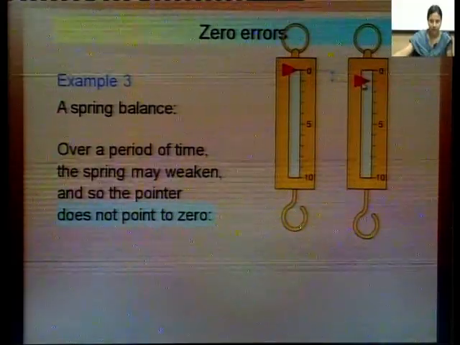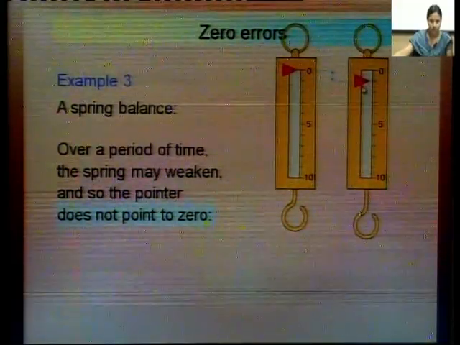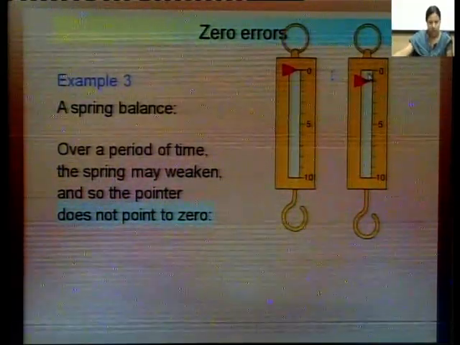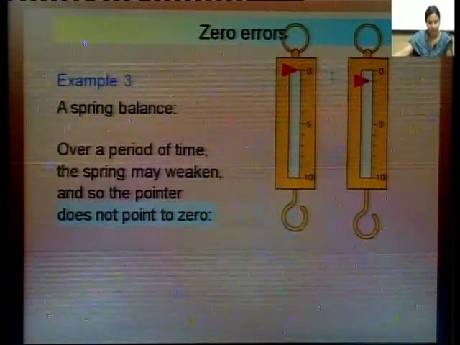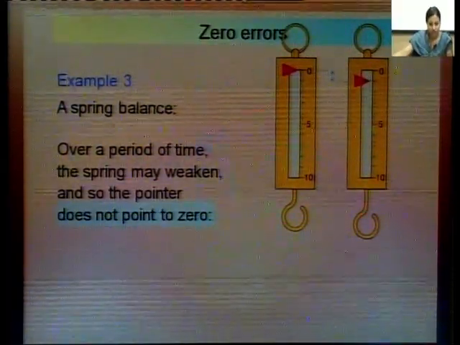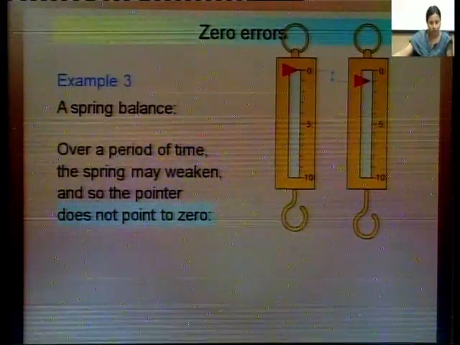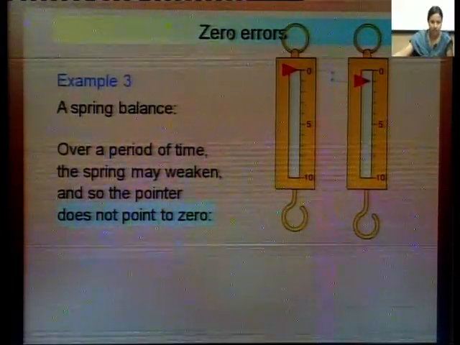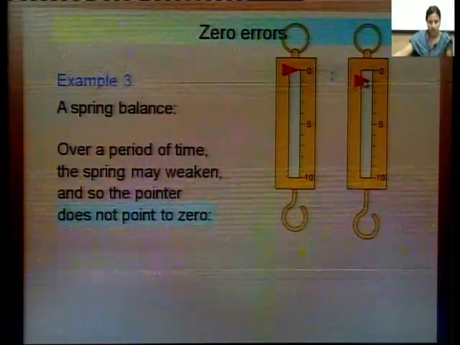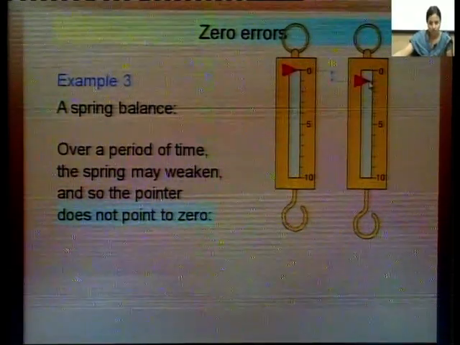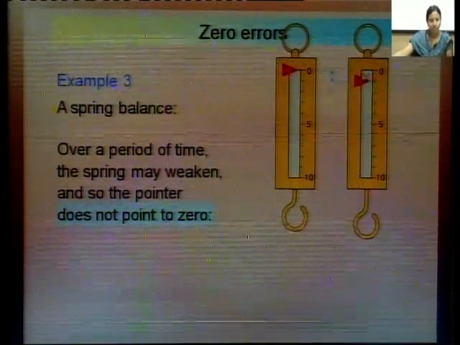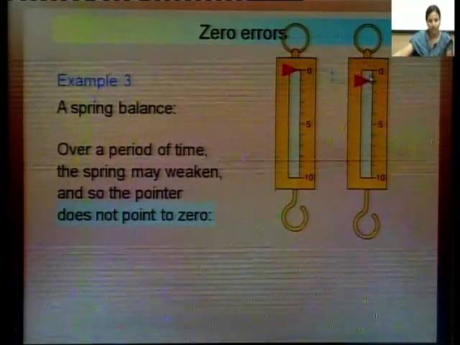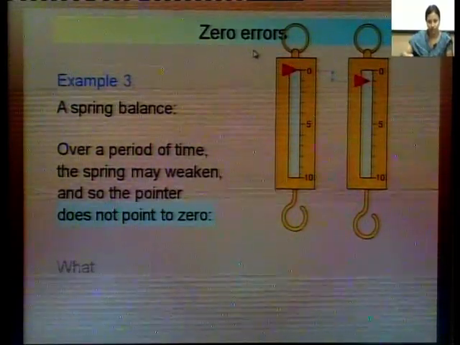So the pointer comes here, not here. This may cause an error which comes under the category of systematic error, and further if we want to subdivide, this is called zero error. That is, if the pointer or 0 is not matching with this 0, then this type of error is called zero error.